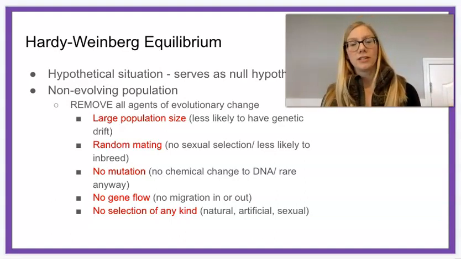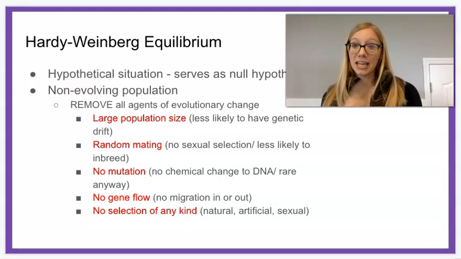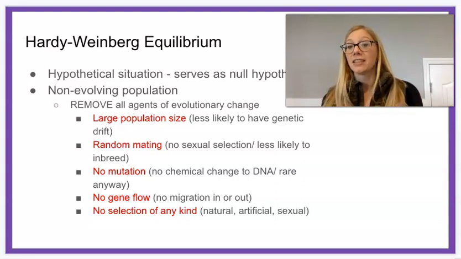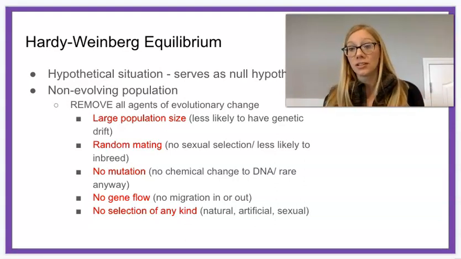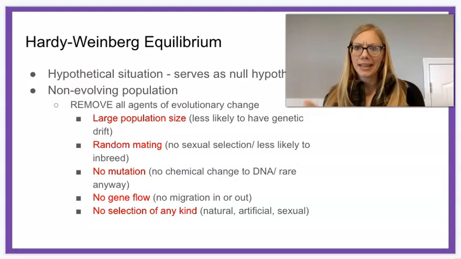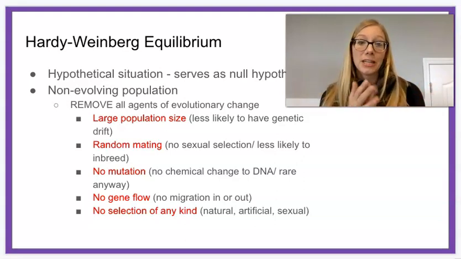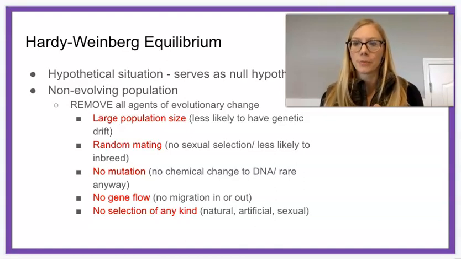We have to have no gene flow, meaning nothing is coming in or out of a population. There's no changes in it. And there's no selection of any kind. There's no natural selection, artificial selection, or sexual selection. Again, these all have to be true in order to have a Hardy-Weinberg equilibrium population.